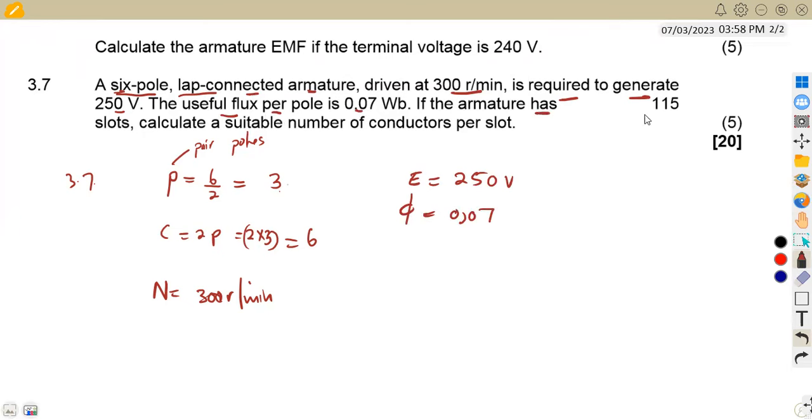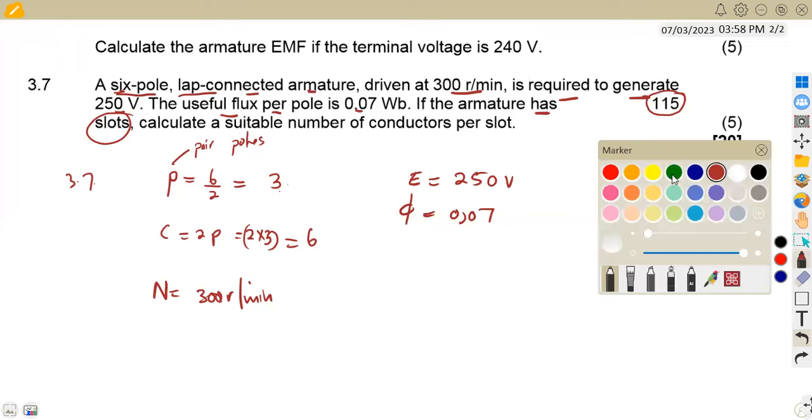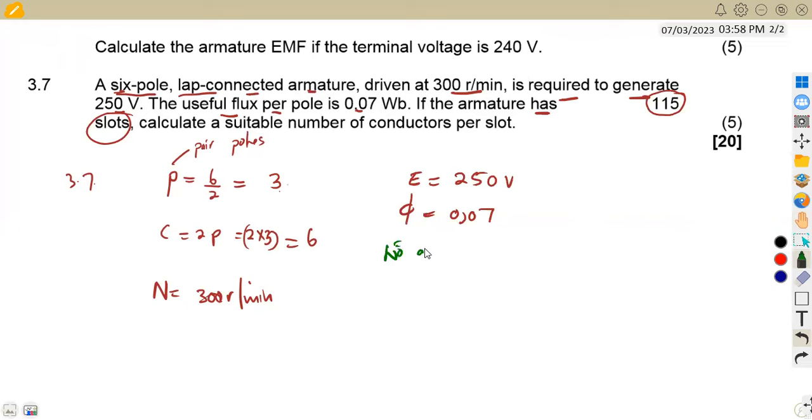If the armature has 115 slots, not conductors, but the slots, remember the slots are the ones that carry the conductors. So if there are 115 slots, how many conductors are you going to have per slot? Here we are given the number of slots, which is equivalent to 115.